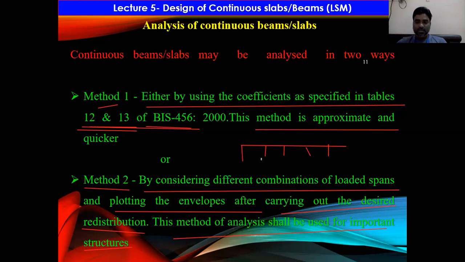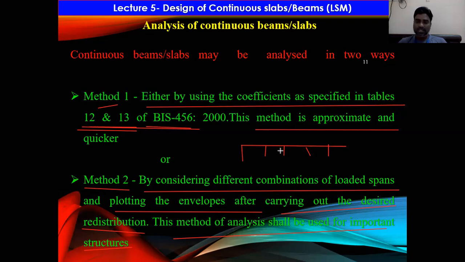So in the moment distribution method, you transfer some percentage of moment to this support, and similarly you get some percentage of moment from this support and from this support. That means it is a moment distribution. It distributes the moment to the related supports based upon the stiffness of the member, right?